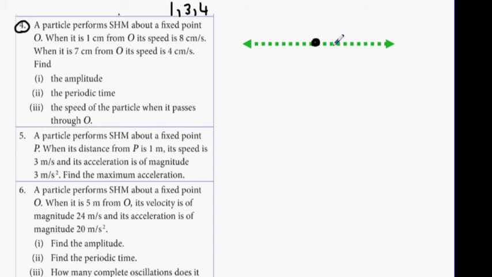Now we don't know the direction, but we know it's symmetrical. So we know that when s equals 1, the v value, whether it's going to the left or going to the right, it's going to be 8. Then we have a second point, which is 7 centimeters away, and it's going slower because the acceleration is slowing it down because it's getting further away from the black equilibrium point. Okay, so its v is going to be 4.